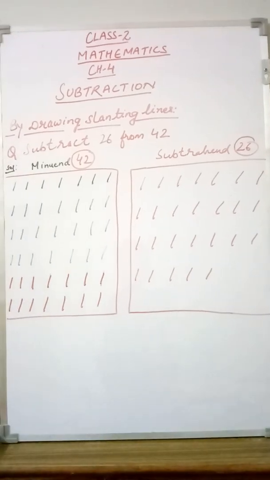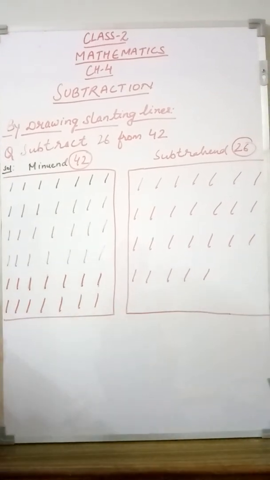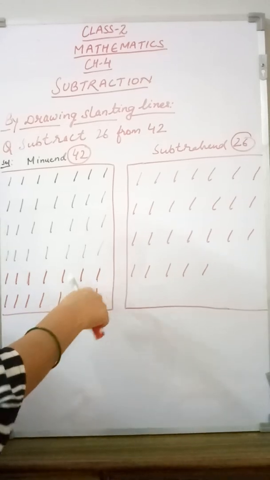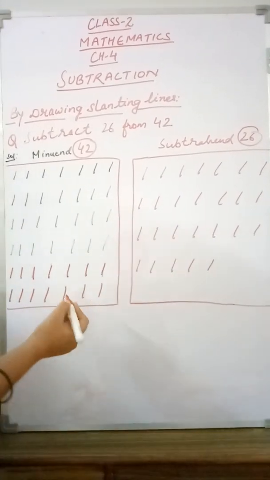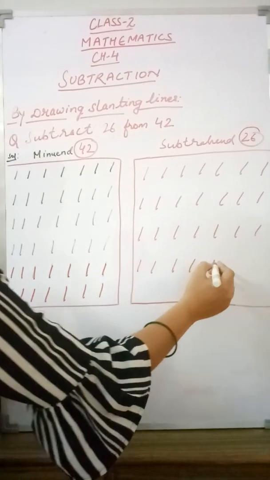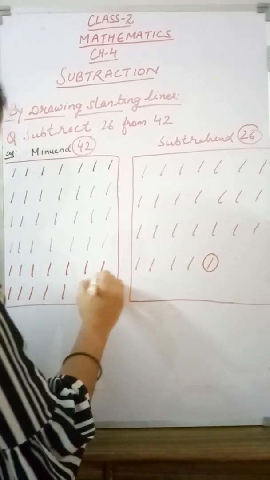Now what we have to do? There are two methods, either to pair them by making a loop, or by cutting them. Let's start here. Suppose this is the first one. Start making the loop on this one.